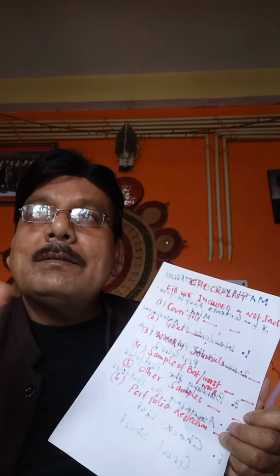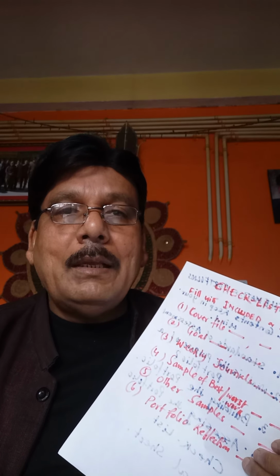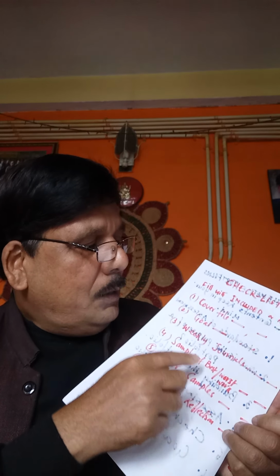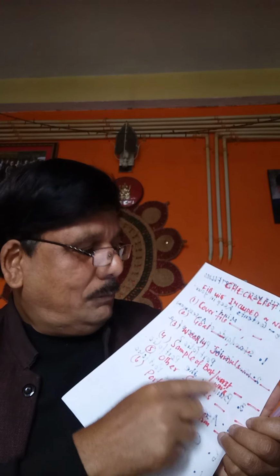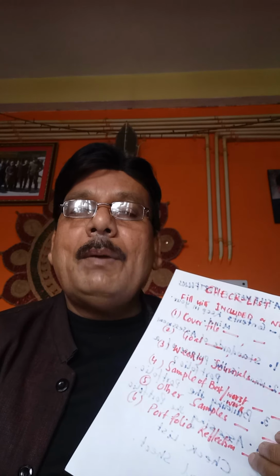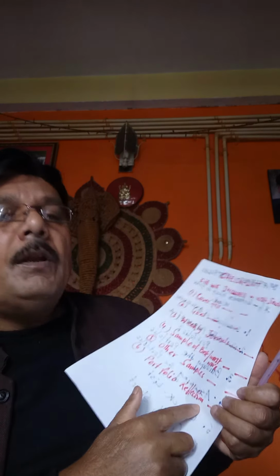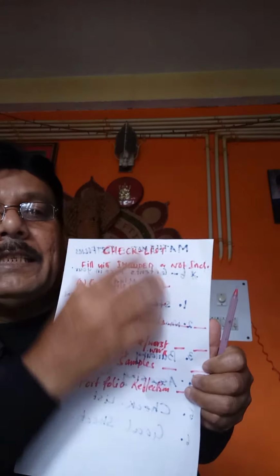Some sample, for example which class was not fruitful for them, or which class was the worst class for them, they will mention here. If they have other samples, they can include them here. And last is portfolio reflection, included or not included. So this is called the checklist.